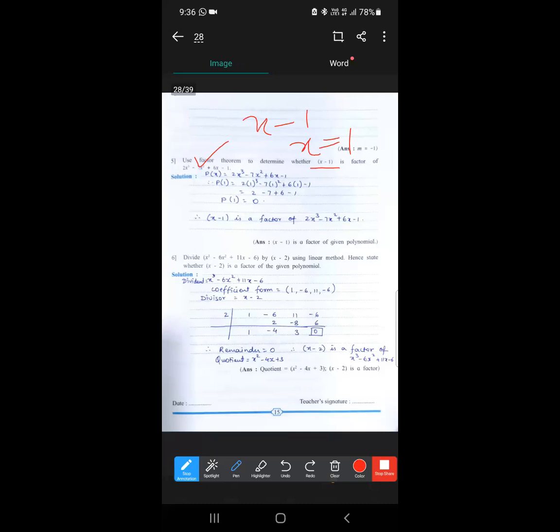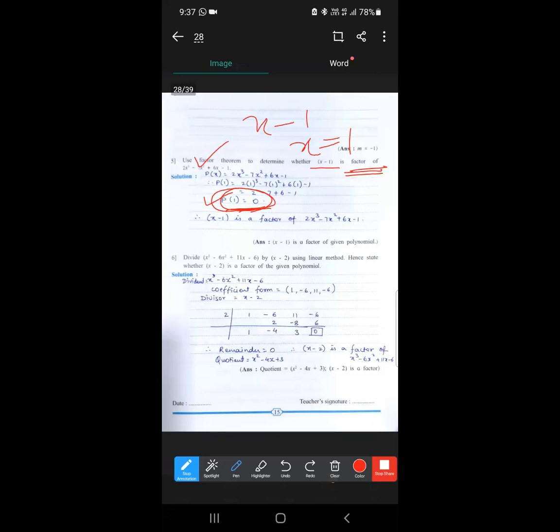After substituting, the value for P of 1 is what? 0. That means this is nothing but the remainder, what we are doing in the remainder theorem. So here the remainder is 0. After substitution, whatever value we have come across, that is 0. That means it is a factor.